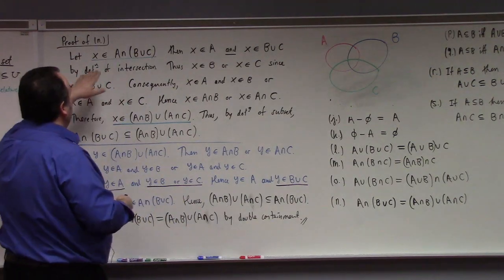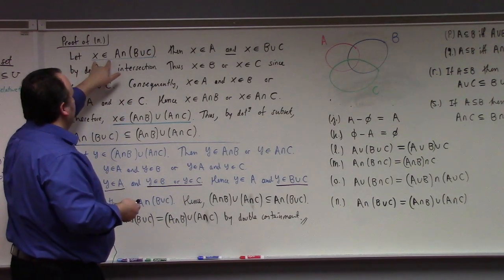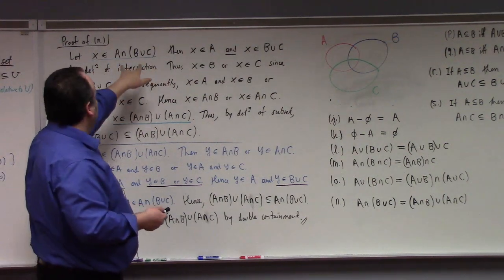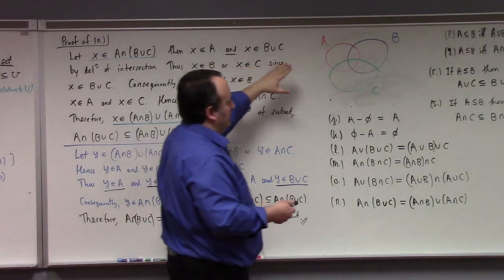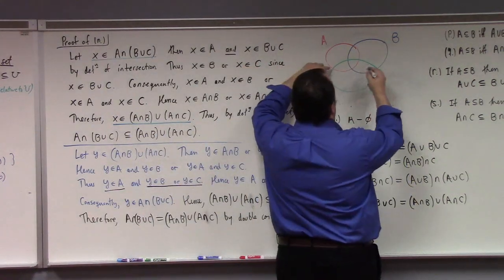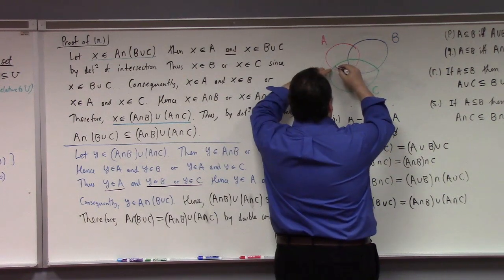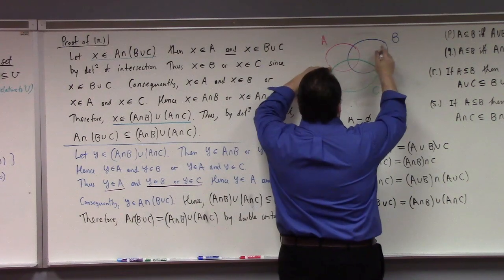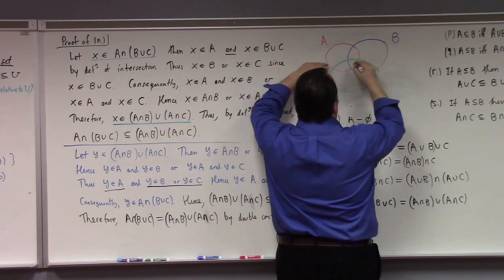We're supposing, to start with, that x is in the intersection of A and the union of B and C, right? It's A with the union of B and C. So basically that's in here, isn't it? So it's in A intersect B and C, it's everything within the green and the blue circles, right?